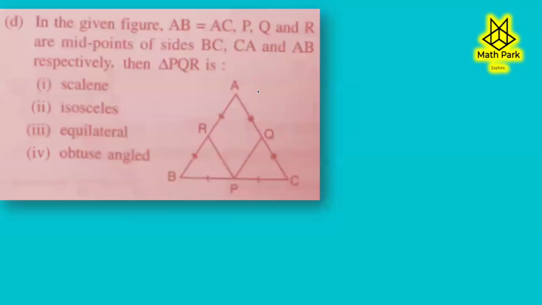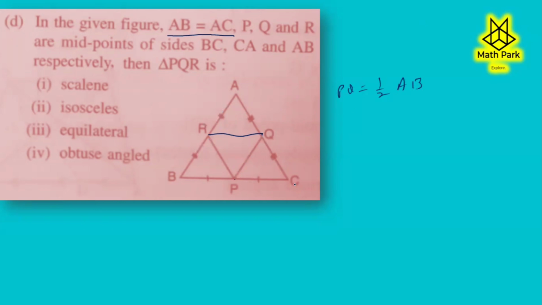Okay, the D part: AB is equal to AC and P, Q, R are the midpoints of sides, then triangle PQR is what? We have already solved such a question in the exercise in the video. Once again, quickly, we need to focus on the sides AB and AC. P is the midpoint, so we get PQ is equal to half AC, half AB for this triangle.